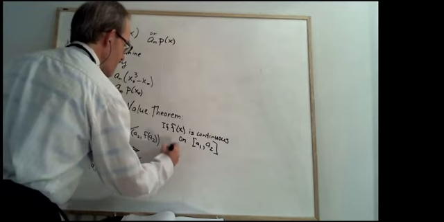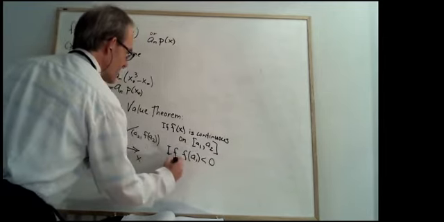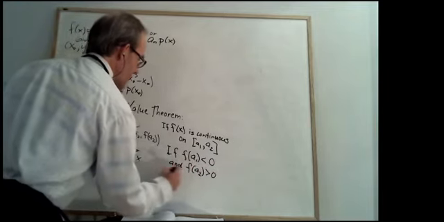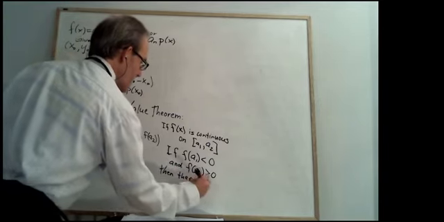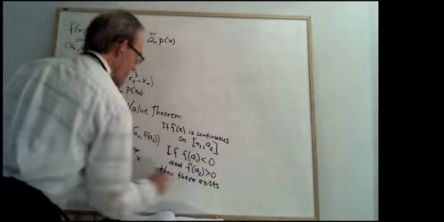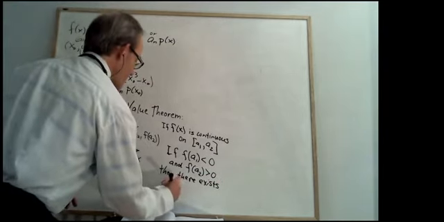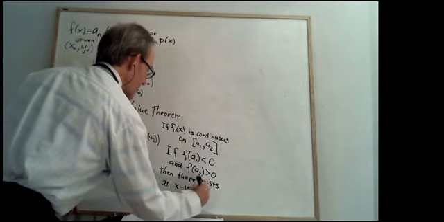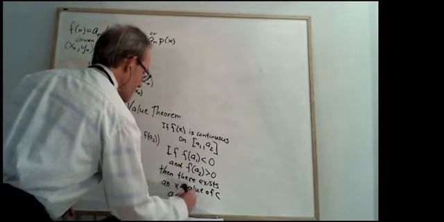So if f of a1 is less than 0 and f of a2 is greater than 0, then there exists a value of c for x, so an x value of c, where a1 is less than c.